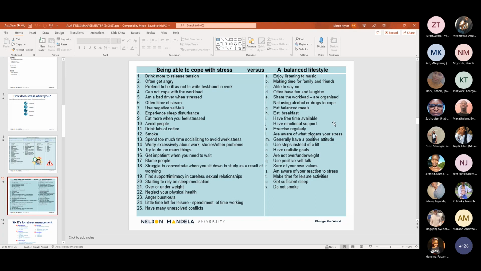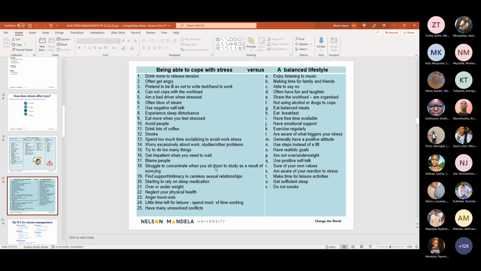Now, if you remember, in the beginning of the year in chapter 1, and you can check that out again, we had that wellness wheel, and I did refer to it again towards the end of the first semester's lectures. So, coping with stress versus a balanced lifestyle.